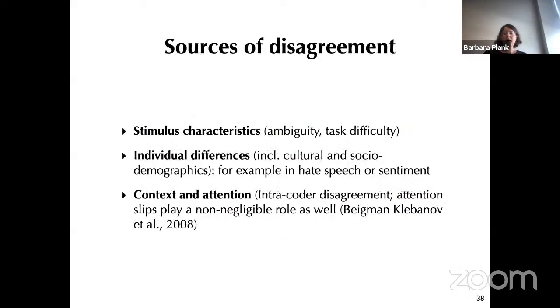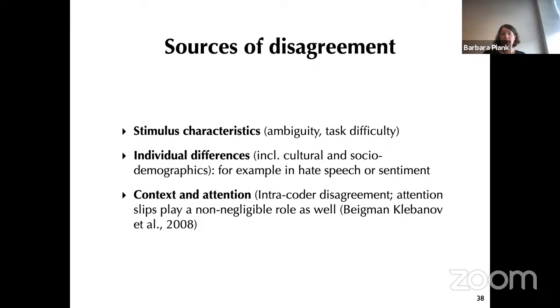If you think about it, it's a complex topic, right? Because where are the sources of this? Why are we observing this disagreement? One is the stimulus itself. It can be the ambiguity of the language, or the difficulty, or even poor annotation guidelines in the worst case. But also individual differences, especially if you move to very subjective tasks, such as work on more social computing related directions like hate speech.